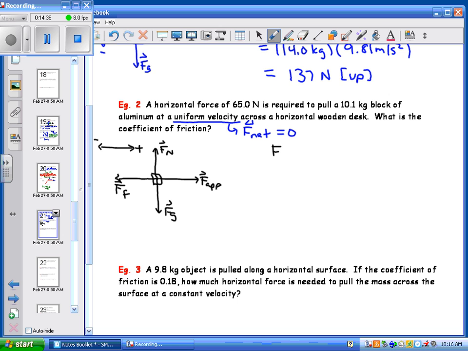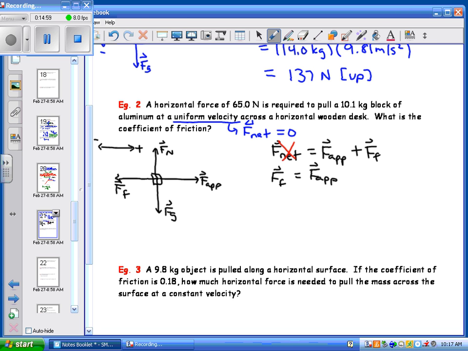So we still have to write out F net equals F applied plus Ff, but because F net equals 0, then we can cross that out, and what we have then is that Ff equals F applied.